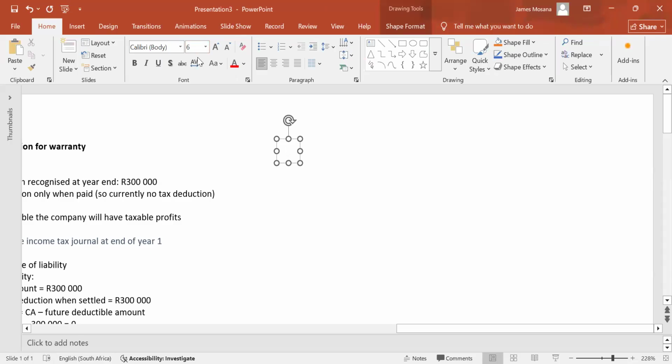Okay, so now, when you are measuring deferred tax, you are going to use the expected tax rate, right? When you present your income tax in the P&L, you are going to present it based on your current tax expense and your deferred tax movement.